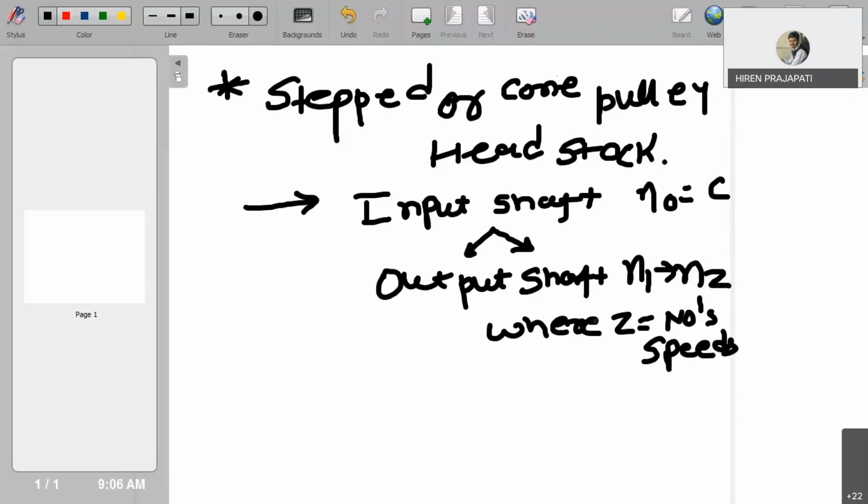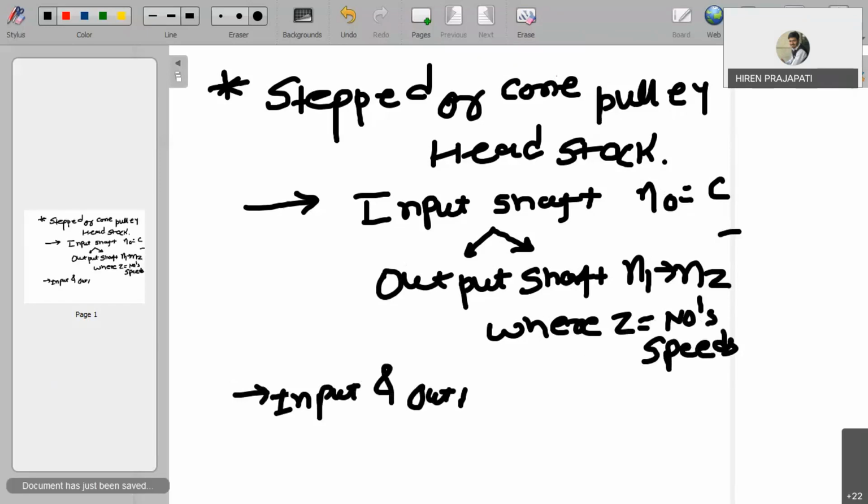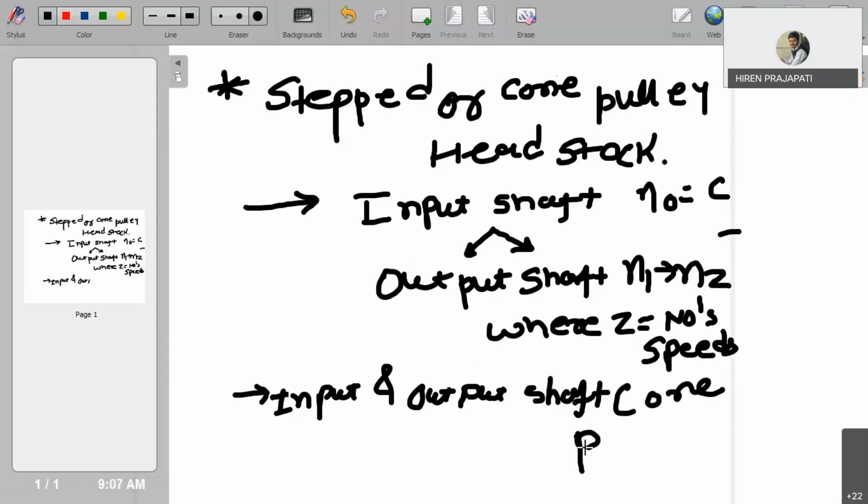So to achieve that, we are using cone pulley drive. So on input and output shaft, we use cone pulley, right?